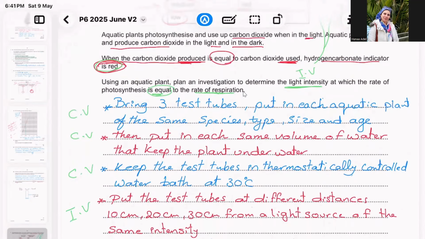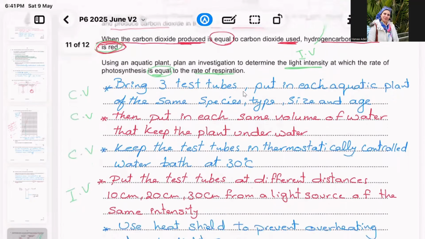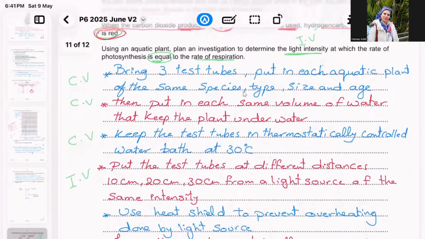And what about the effect of the source of light? Maybe it increases the temperature. So we have to use a heat shield to prevent overheating by the light source.